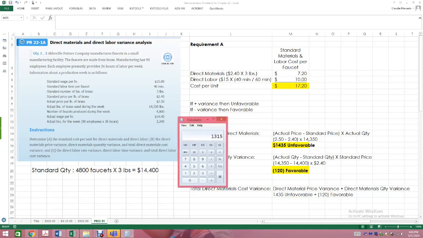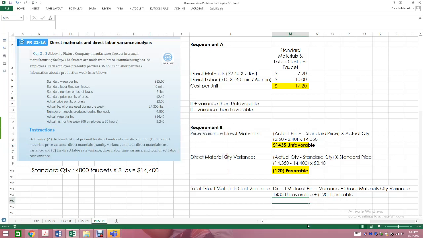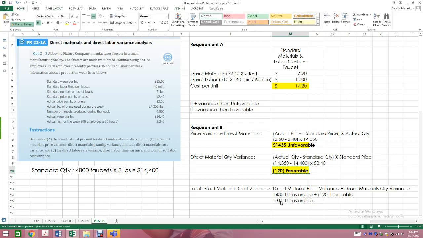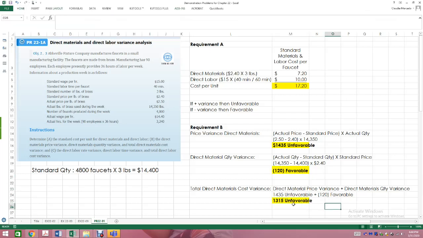That's going to give us 1,315 unfavorable. And it's unfavorable because the positive minus the negative gives us a positive 1,315 unfavorable variance. So you basically just add those two numbers. Whichever is greater, in this case the unfavorable is greater than my favorable, then I'm going to have an unfavorable variance right here. Okay, so that is requirement B.